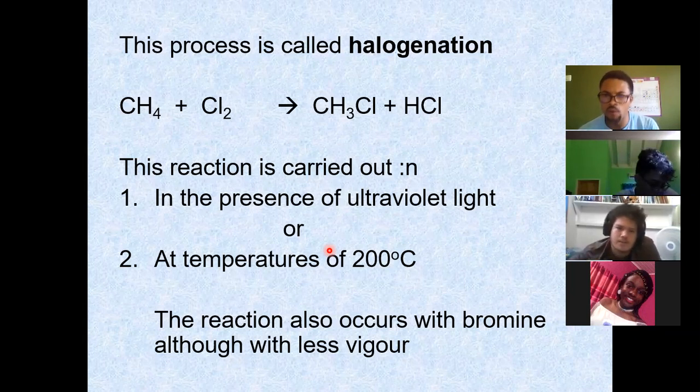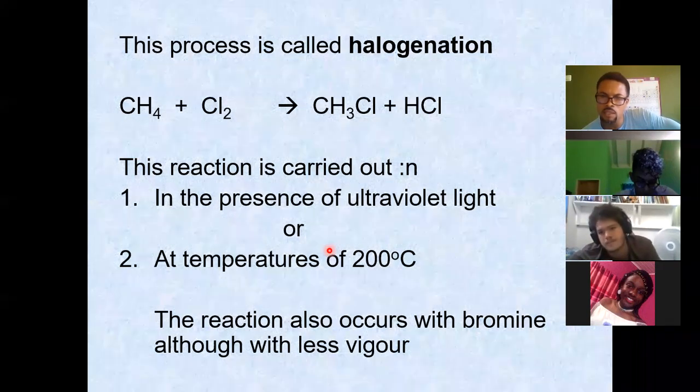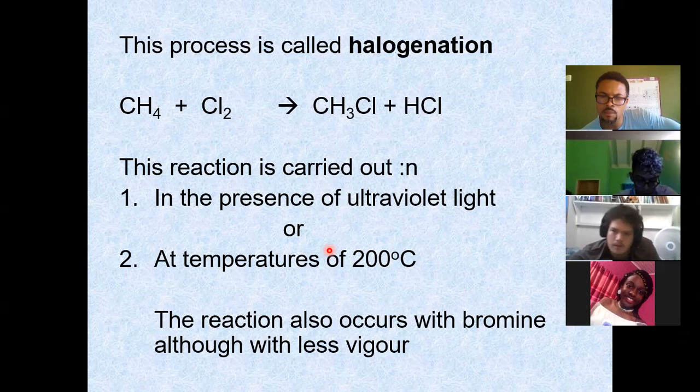Does it react with any other halogens? Yes, it can react with other halogens. For instance, fluorine may be able to react, but fluorine fights to bond with other stuff because it's so strongly bonded to other substances.